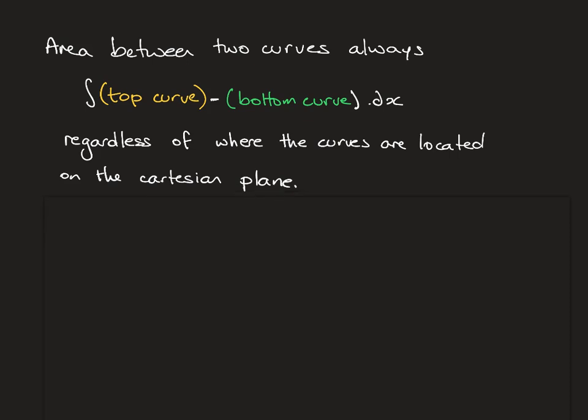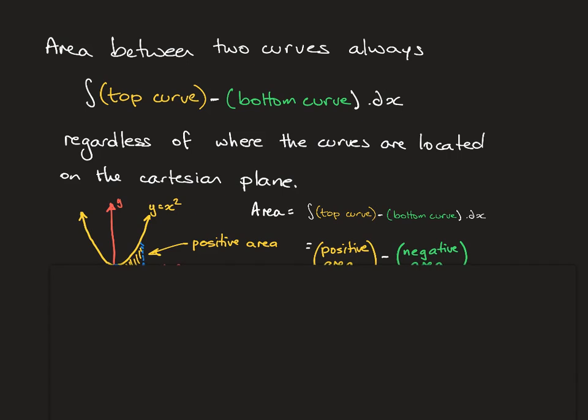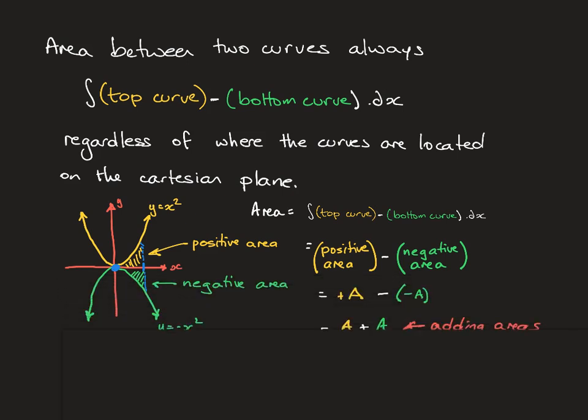So let's have a look at what happens when you have one curve in the top half, like the yellow x squared there, and the other curve in the bottom half, like that green negative x squared. So let's have a look at how our formula works.